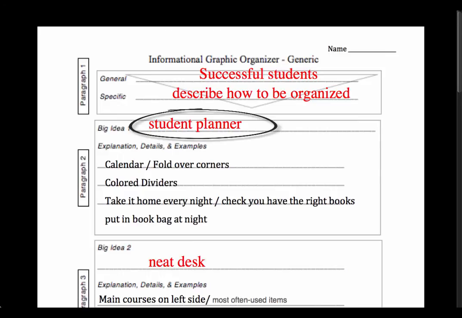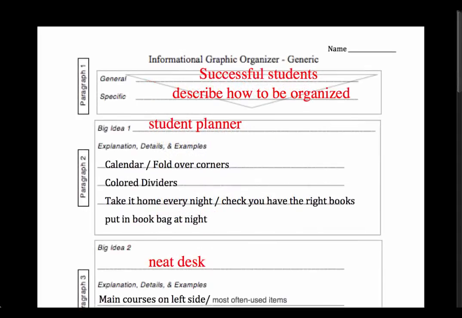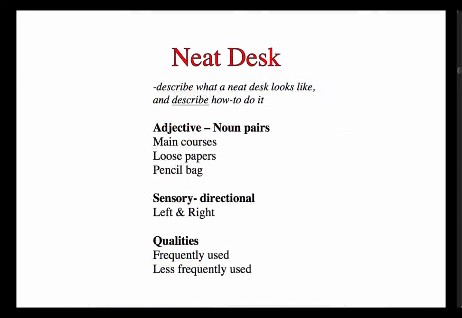Let's look at the big ideas I've chosen. I can describe what the student planner looks like, and I can describe how to use a student planner. So I would use some of the descriptive techniques we've talked about to create elements to develop the paragraph later. For the big idea neat desk, I can describe what a neat desk looks like, and I can describe how to do it.